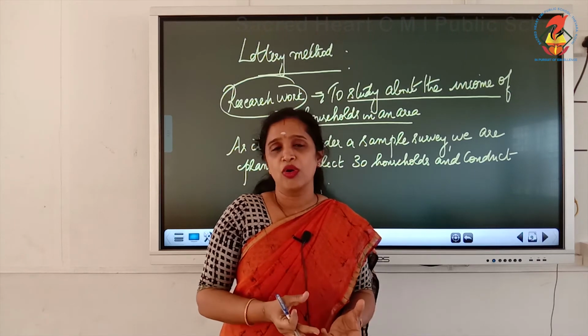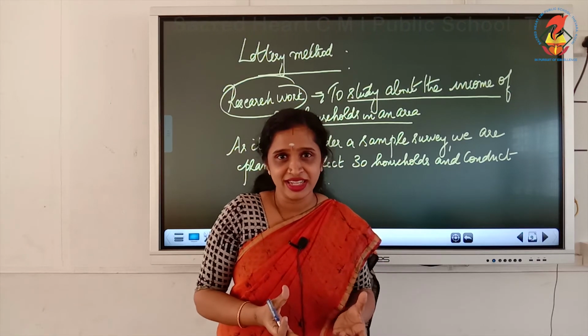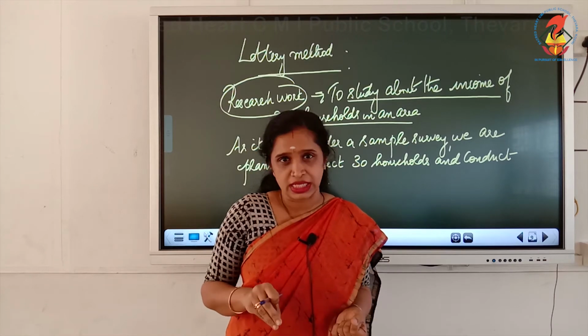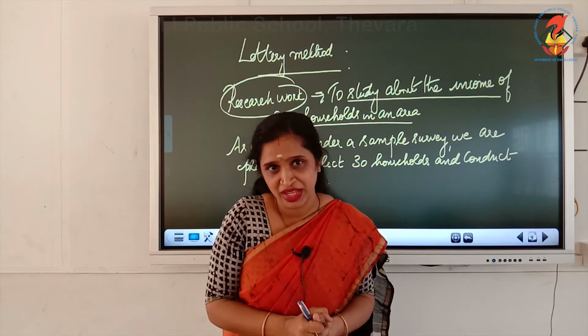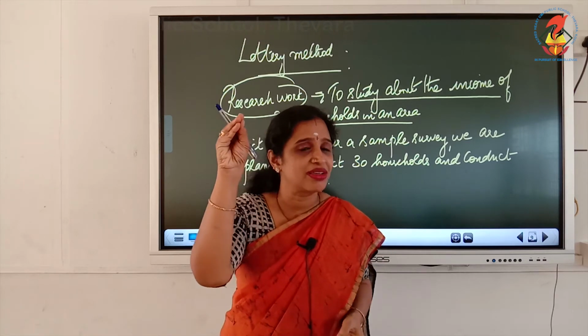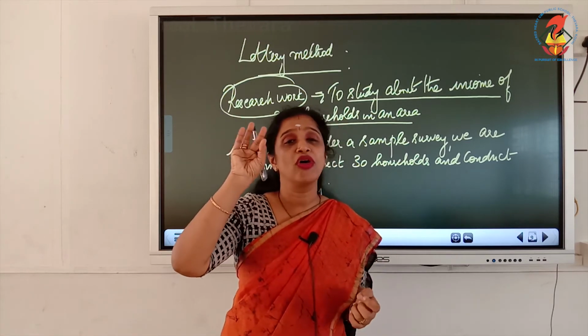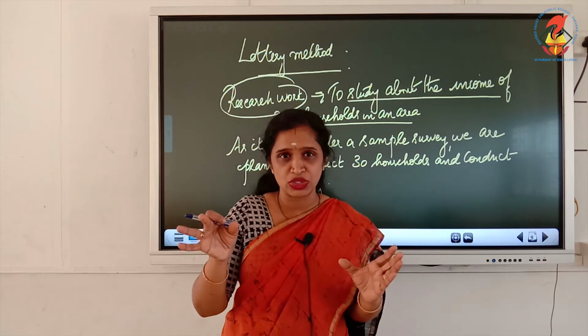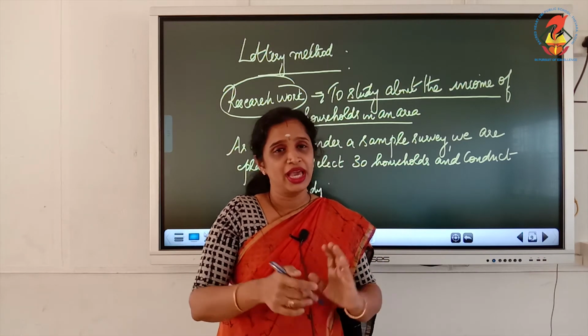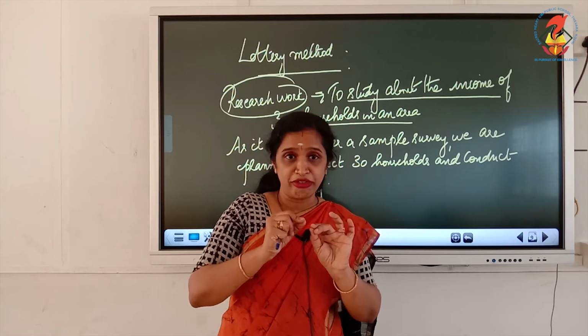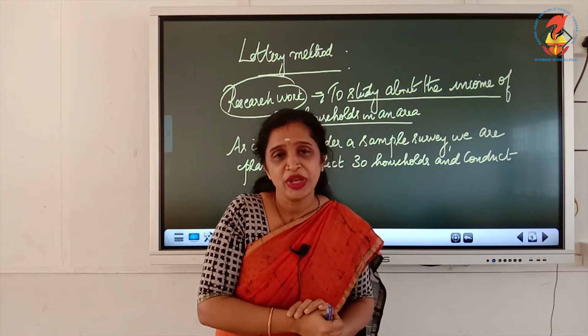Okay. Now you will shuffle it, and you will ask one person to come and take one chit for you. Now how many papers are there inside? You have folded all the 300 households. The names of all the 300 households are written on paper, and you have cut it, folded it, and put it in the bottle.